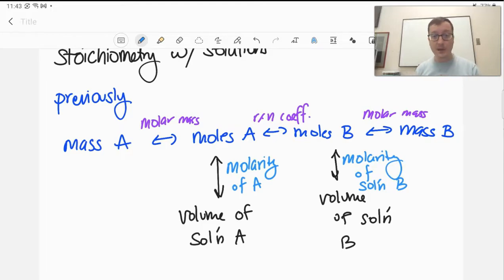Molarity is moles per liter. Molar mass is grams per mole.